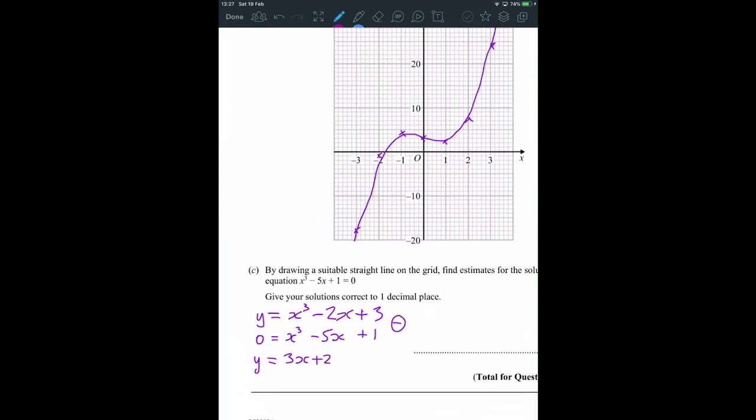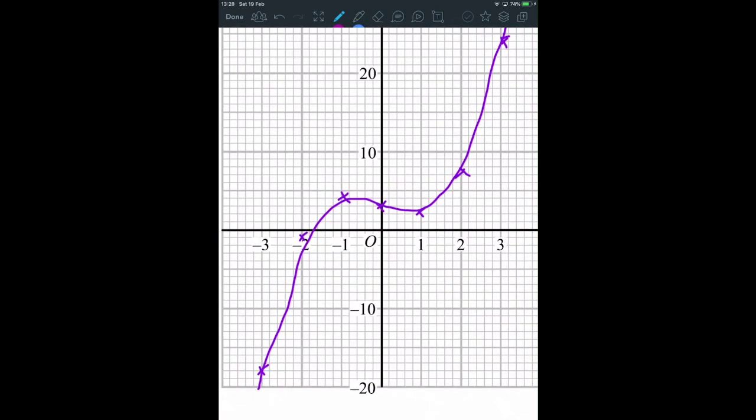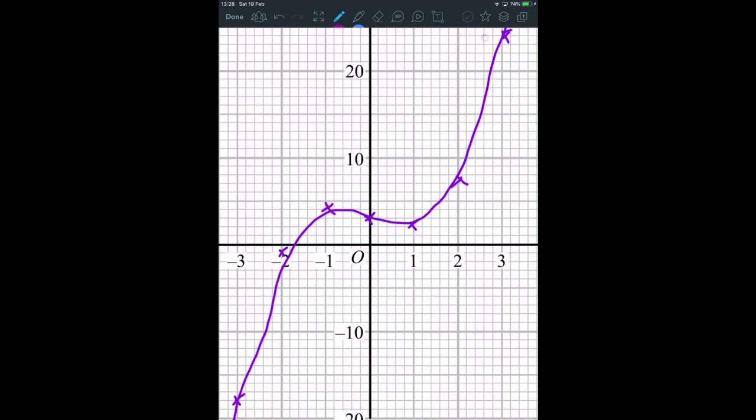So if I draw the line 3x plus 2 onto my grid, I can find my points of intersection quite easily. Now it does say find estimates for the solutions, so I'm expecting to have quite a few. So 3x plus 2, it crosses the y-axis at 2.